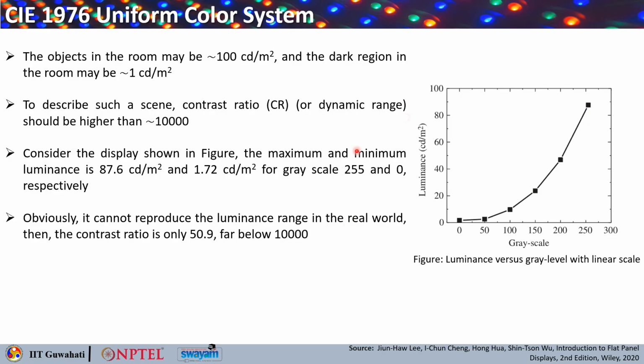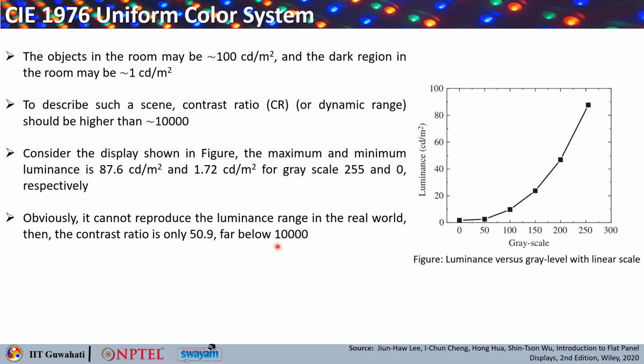So obviously this display cannot produce the luminance range in the real world, because here the contrast ratio is only 50.9, which is far below the one that we are looking for.